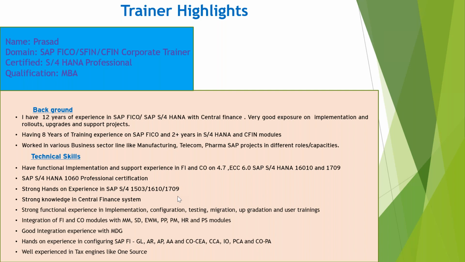So to meet the market standards and show stability in the SAP FICO concept, you have to familiarize yourself with all the new concepts. What are the new functionalities? What are the new architectural changes which have been brought into the system?